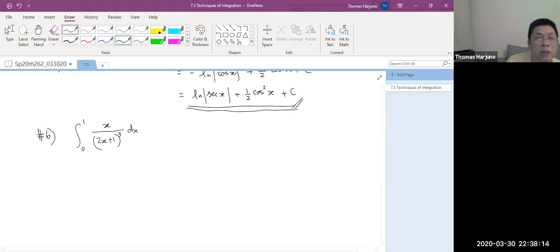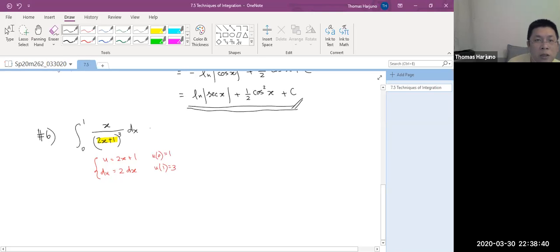As you can see, our problem is here. Let's call it u. Call it u equals 2x plus 1. So du is 2 dx. And therefore, when x is 0, u is 1, and when x is 1, u is 3.